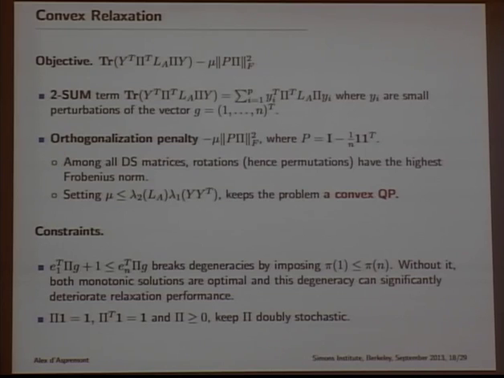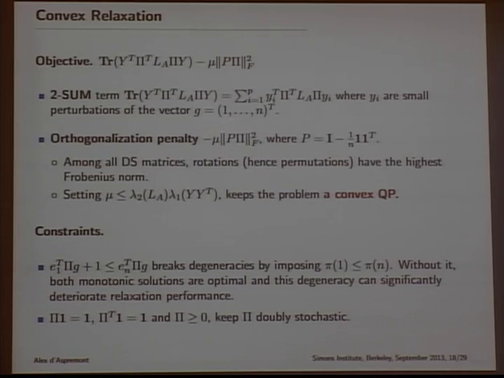And it turns out that we can add at least a small concave component to it, which improves things a bit. It's another hack, but it seems to work. And that's a very natural penalty because basically among all doubly stochastic matrices, the rotations, hence the permutation matrices, have the highest Frobenius norm. So we're just trying to maximize the Frobenius norm, but we need to maintain the convexity of the objective.